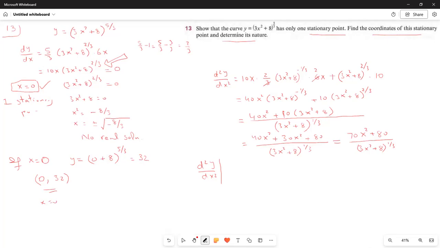That will give me 80 divided by 8 to the power 1 by 3, which is 2, since the cube root of 8 is 2, so it is 40. But most important, this is a positive number, right? And remember, whenever the second derivative is positive, we have a minimum point. So the nature of this stationary point is that it's a minimum point.